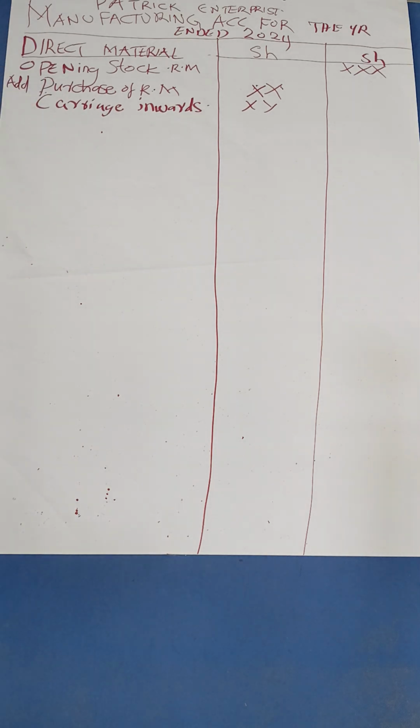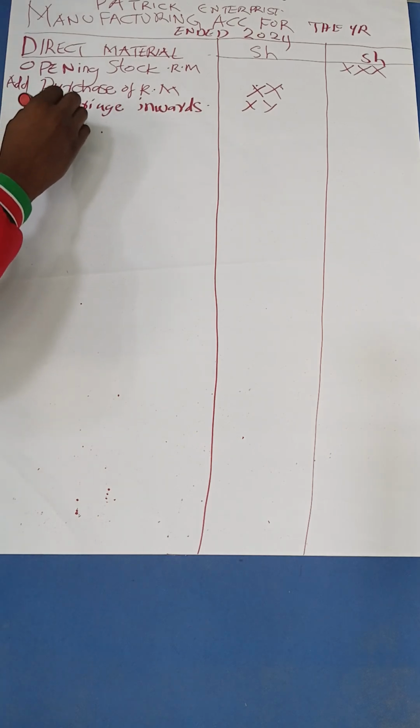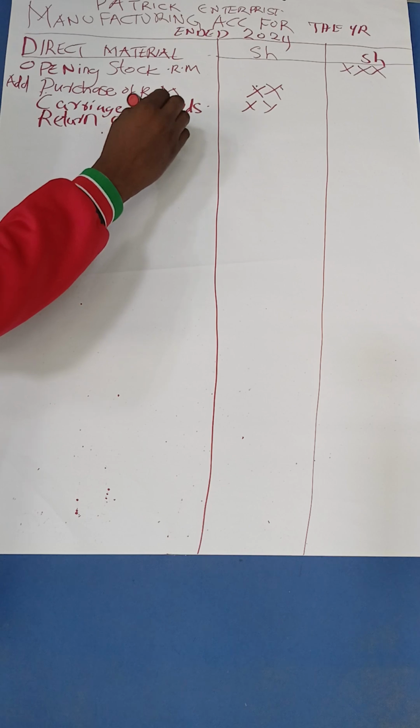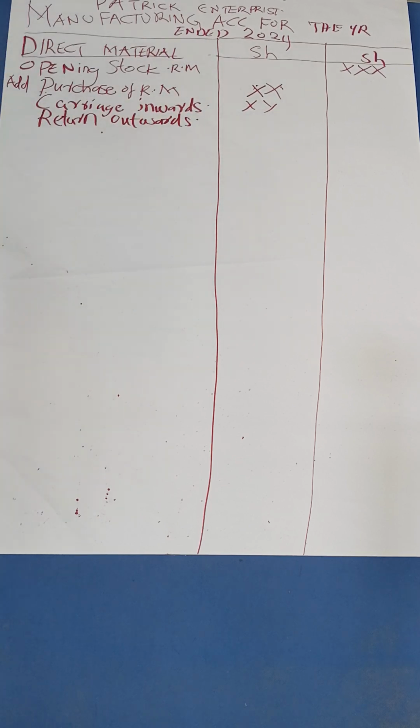Another adjustment that can happen on the purchases of raw material is return outwards. You have come with the goods in the business or in the company, but you have realized a certain amount of goods or those raw materials are in excess.